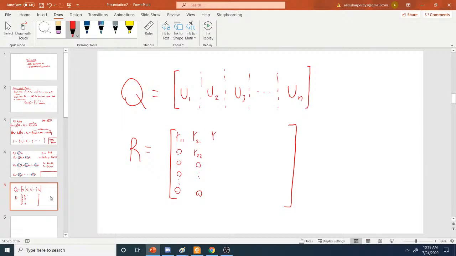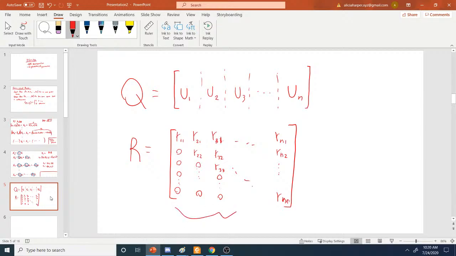The third column is going to be R31, R32, R33, and then 0 all the way down. And we keep filling in this matrix accordingly until we get to Rn1, Rn2, and so on, all the way down to the bottom, and we get Rnn.